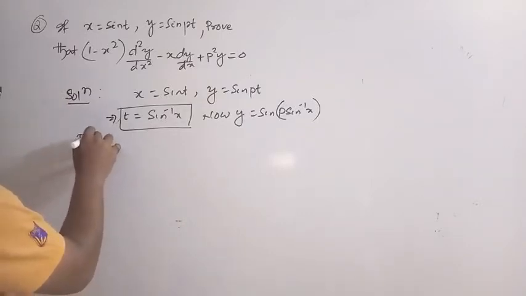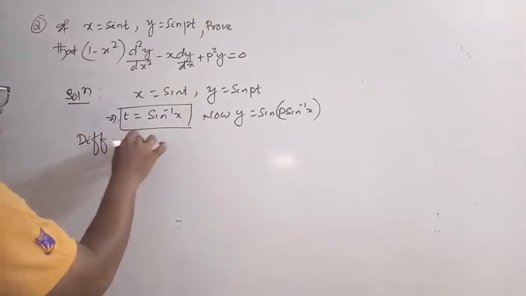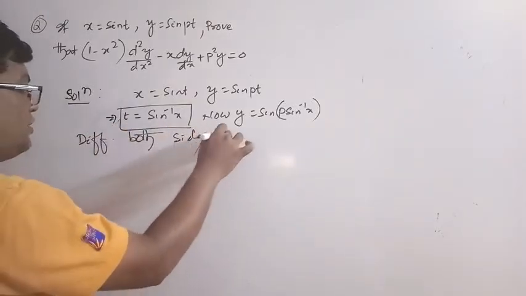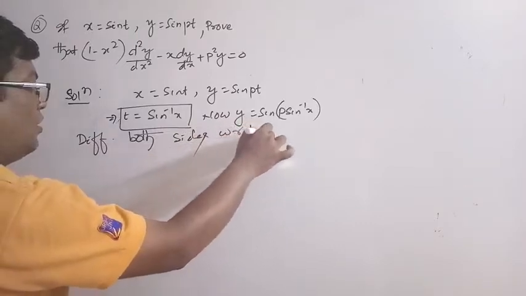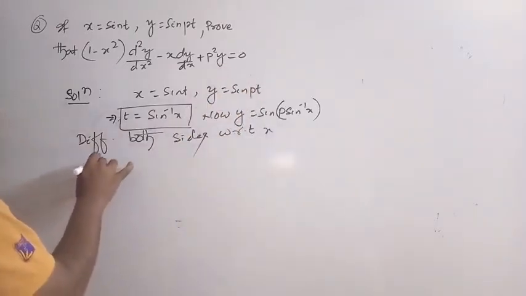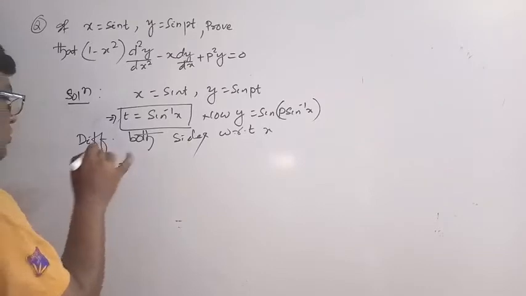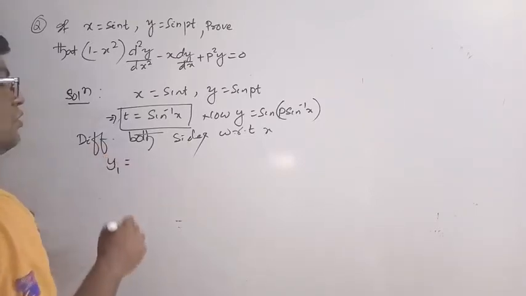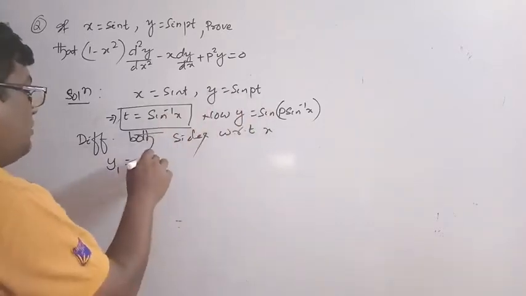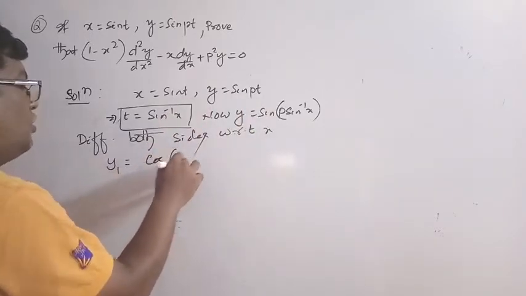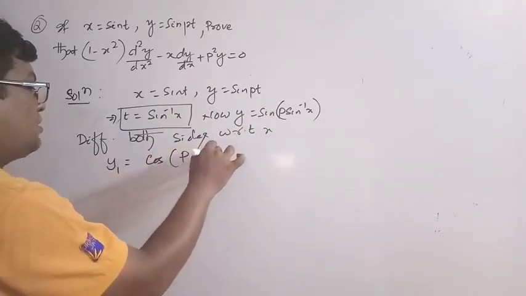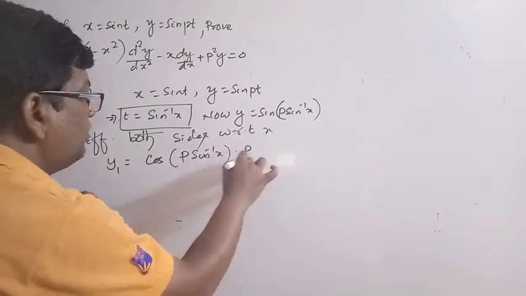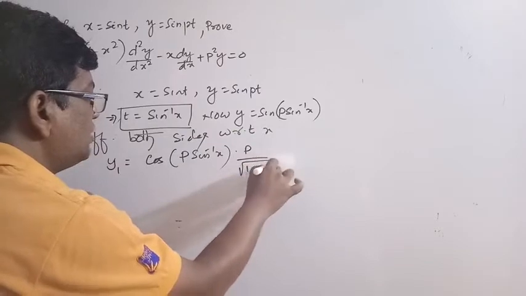Differentiate both sides with respect to x. So it will be what? y1 is equal to derivative of sin means cos of p sin inverse x into derivative of p sin inverse x, p by root over 1 minus x square.